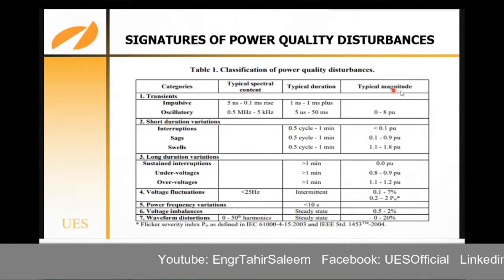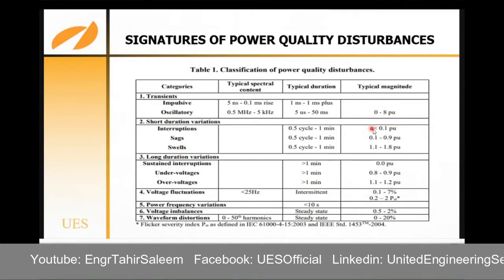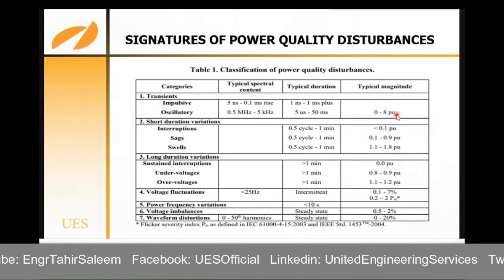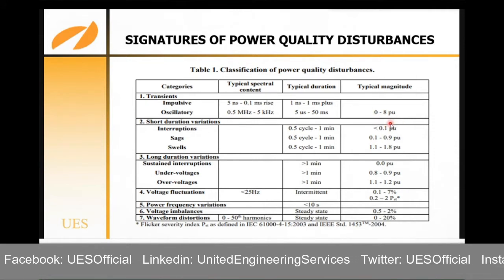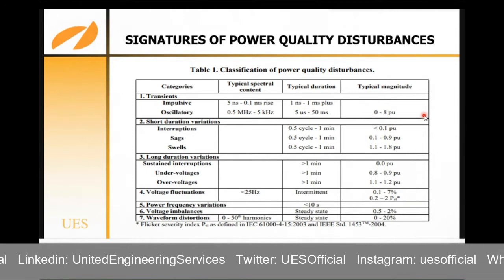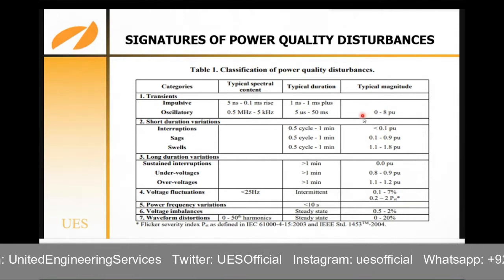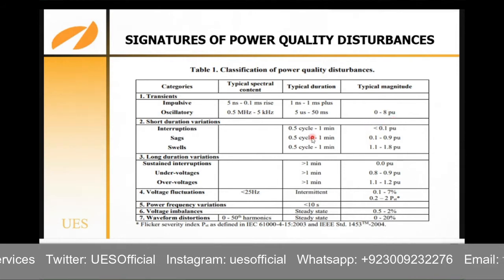And the typical magnitude, how much amount, we generally give in per unit, because this is very common and helps us in solving complex engineering problems, so we take it here as a per unit value.